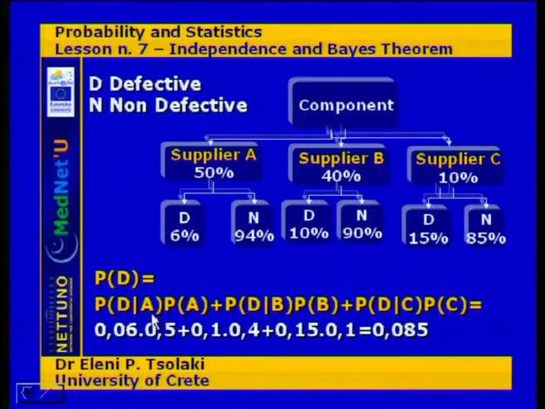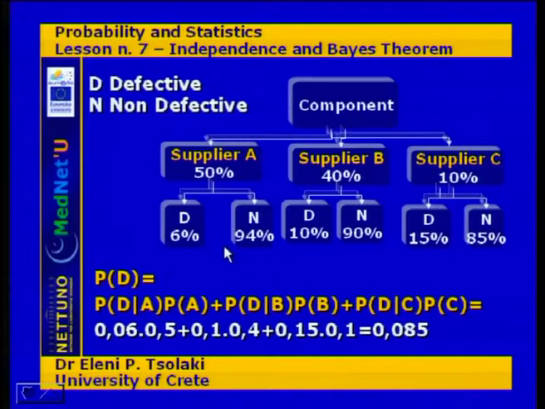We can say that A, B, and C, denoting the events that the component has been supplied by supplier A, B, and C, respectively, are mutually exclusive events.